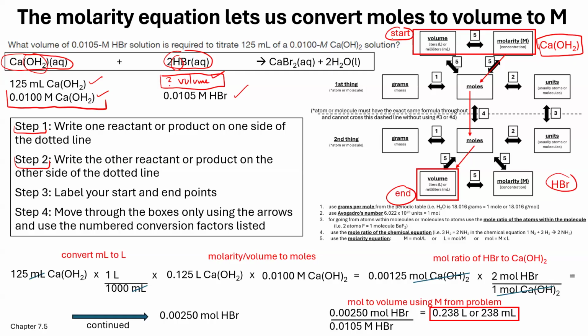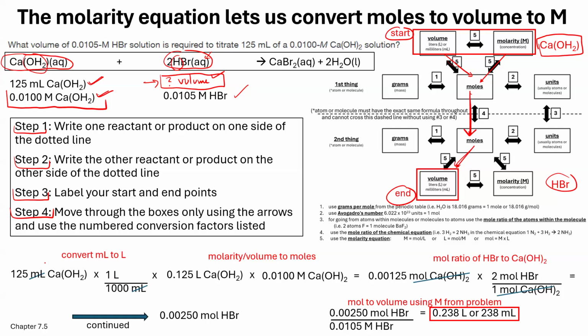We're going to use our volume, which is the first thing, and our molarity to calculate moles. We labeled our start and end points, and now we move through the boxes. Once we're at moles of calcium hydroxide, we convert to moles of hydrobromic acid. Once we're there, we can go to volume, because that's our end goal.